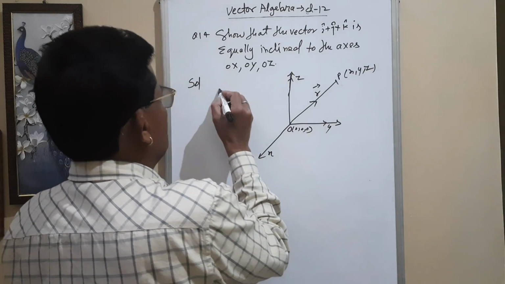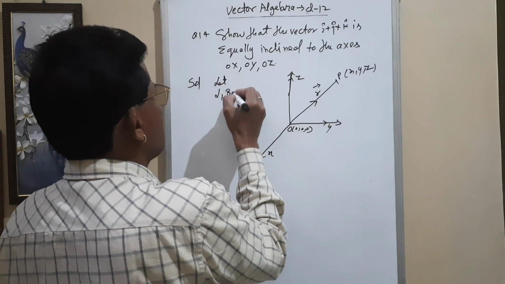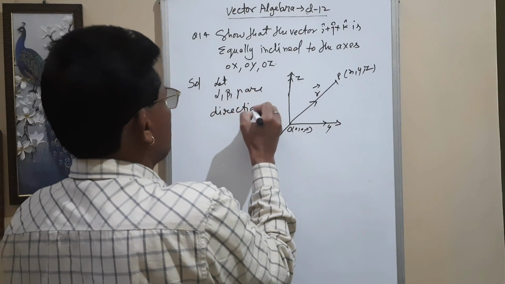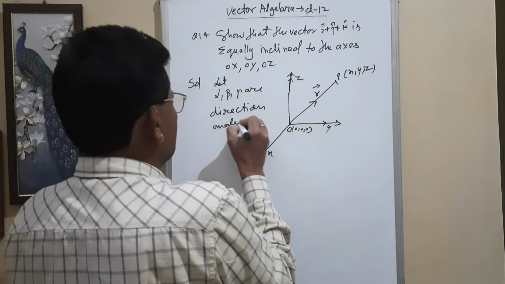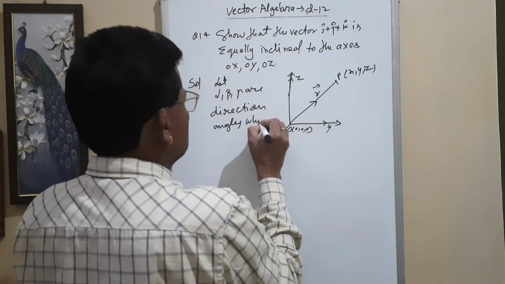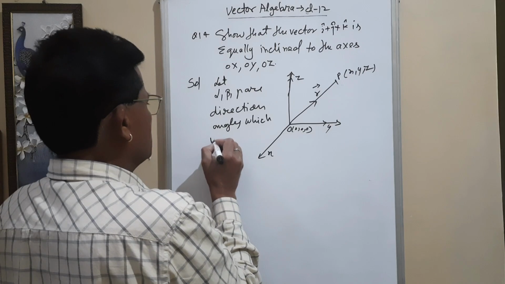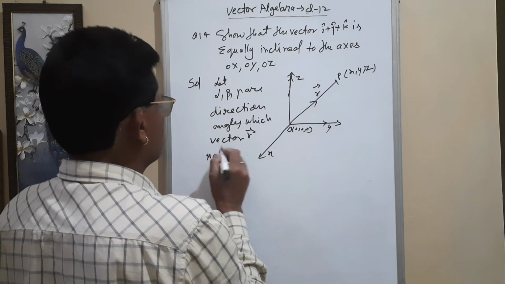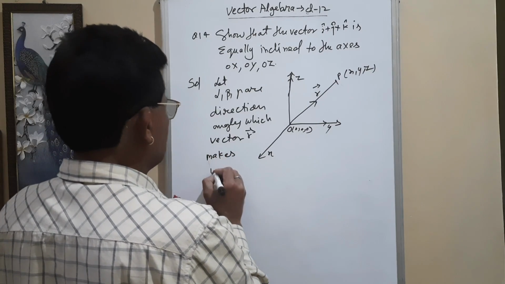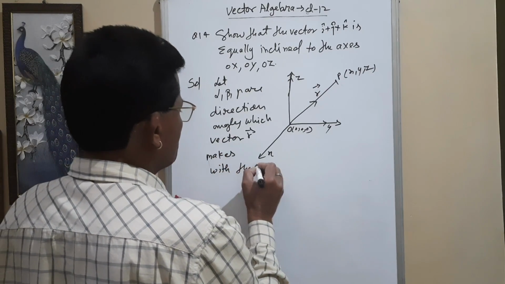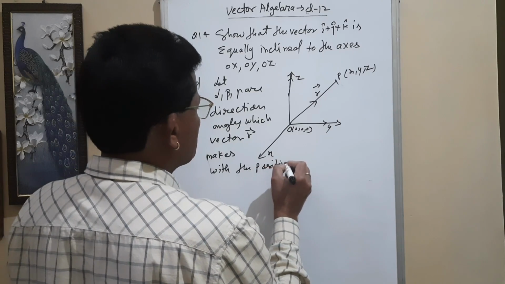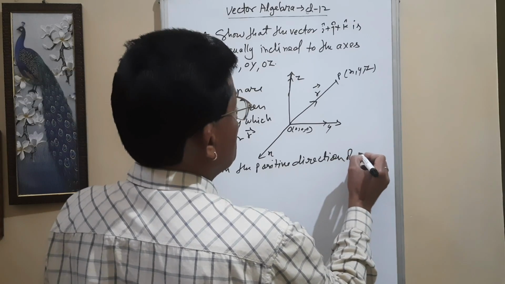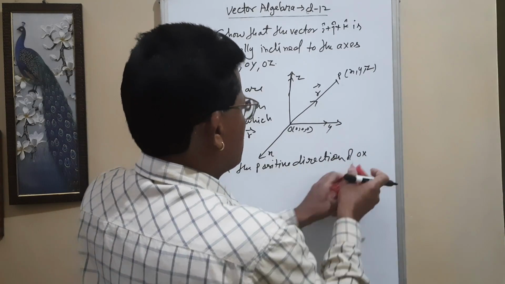Let alpha, beta and gamma be the direction angles. Direction angles, which, try to understand, the vector R makes with the positive direction of OX, that is the x-axis, y-axis or z-axis.